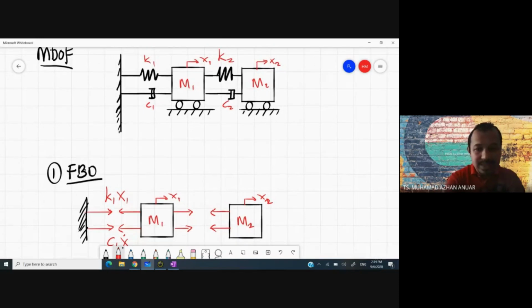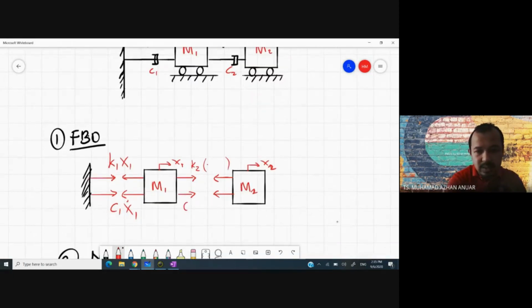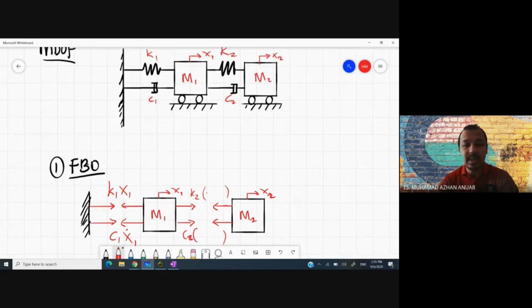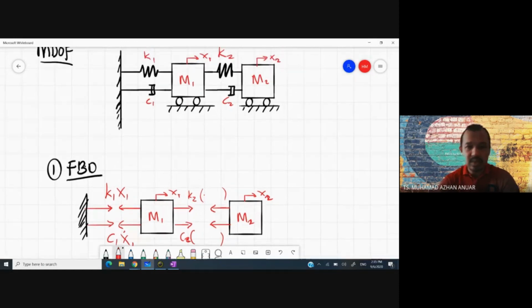Since for this FBD I make the assumption, I put K2 like that, and this is C2, and then I put it like that. So it is always the greater coordinate minus the lesser coordinate.